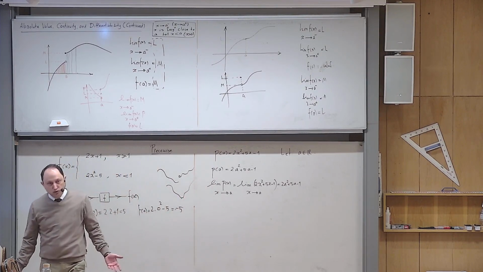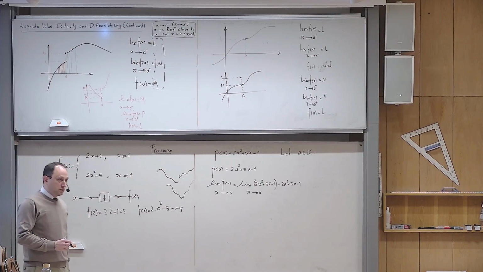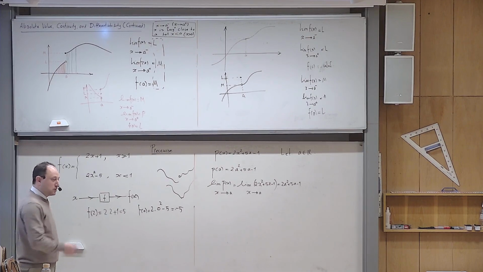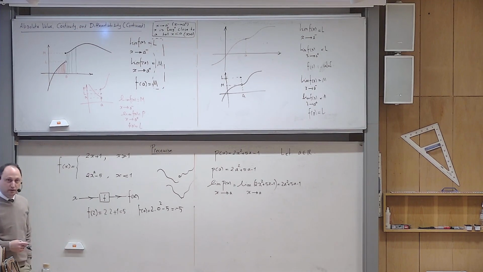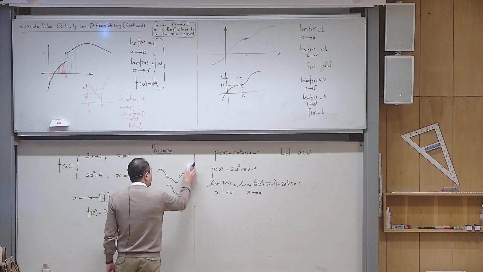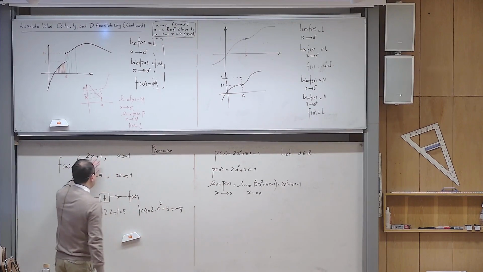In that case, I do not have discontinuity. Yes? Is there a way to know if it is discontinuous or not? Yeah, that's the point of the question. So we want to check this without having the graph. Is that clear?